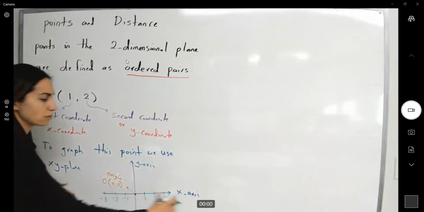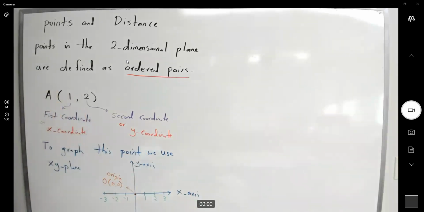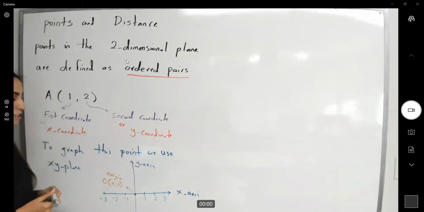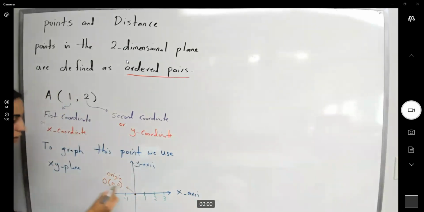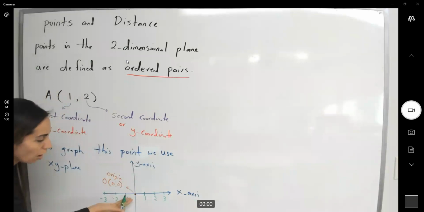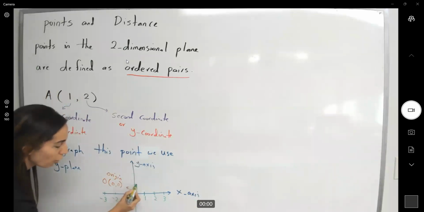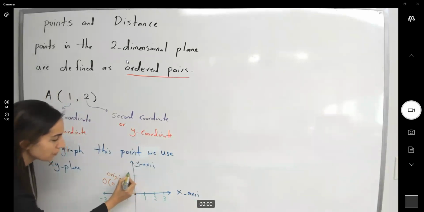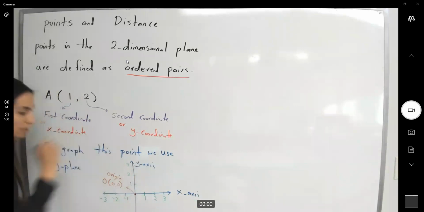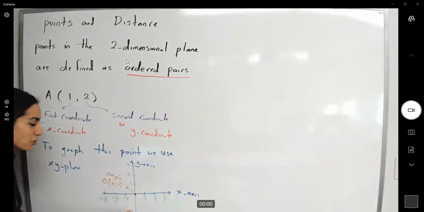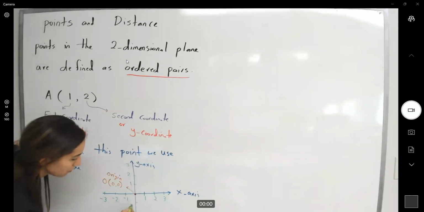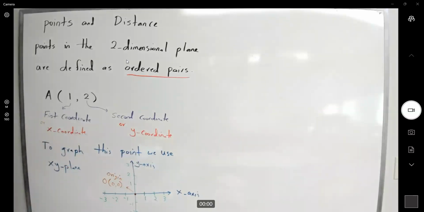This is for my horizontal line, or x-axis. What about the vertical line? On top of the origin, we have positive numbers like 1, 2, 3, and below the origin, I have negative numbers, -1, -2, -3, and so on.